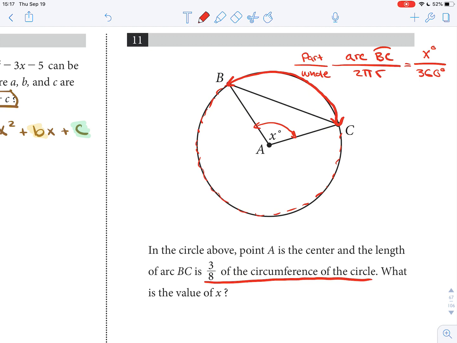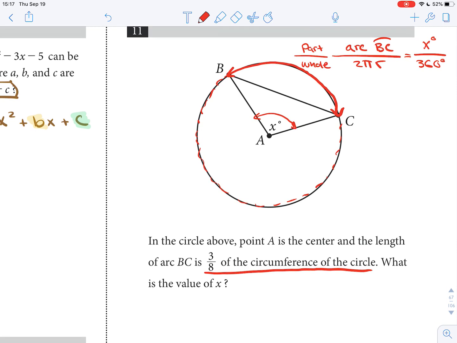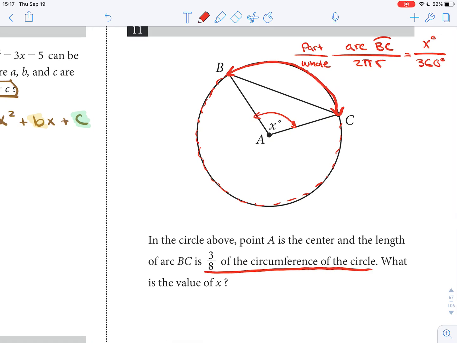So they've already given us the part to whole ratio: the arc to the circumference is 3 out of 8. So we could set this up by saying 3 out of 8 should be equal to x out of 360. We're given that part to whole ratio, and we just have to simplify.